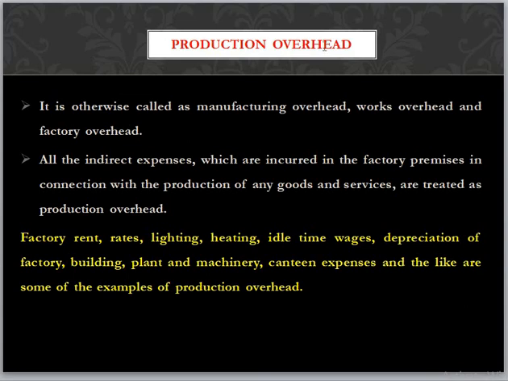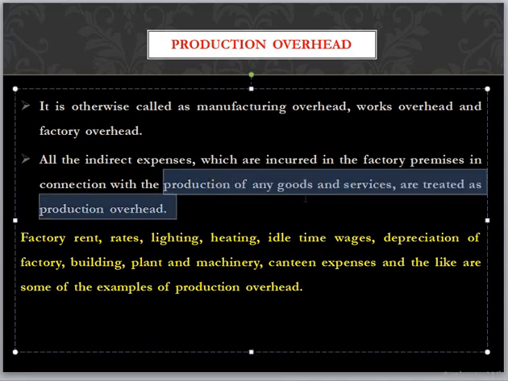Now what is production overhead? Production overhead is also called manufacturing overhead, works overhead, or factory overhead. All the indirect expenses which are incurred in the factory premises in connection with the production of any goods and services are treated as production overhead.